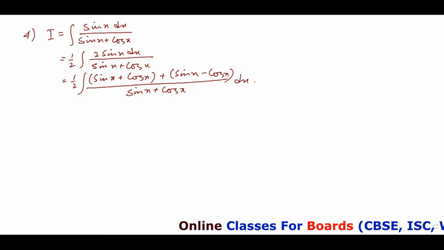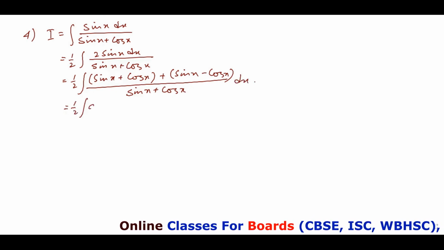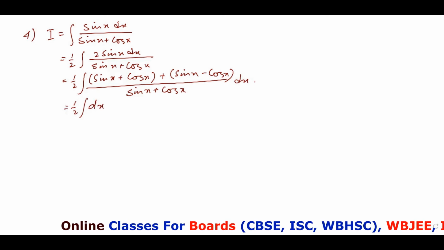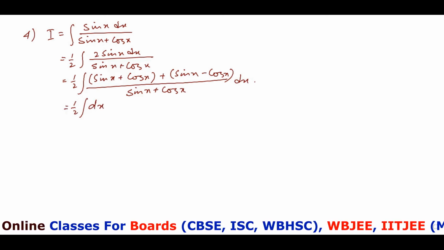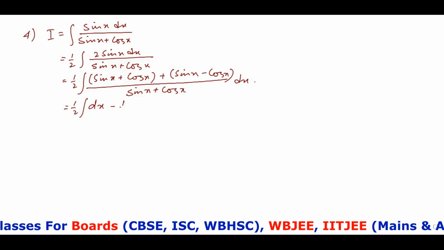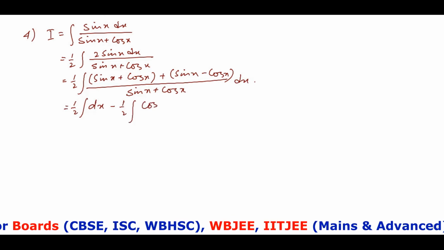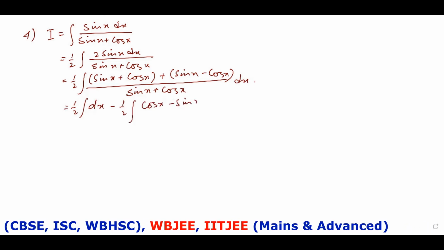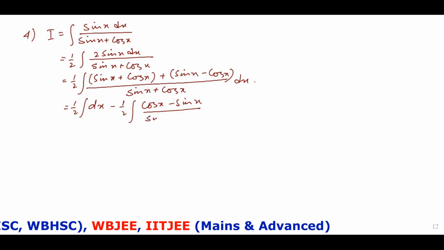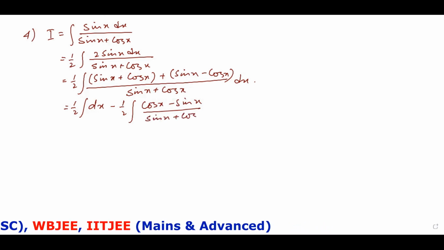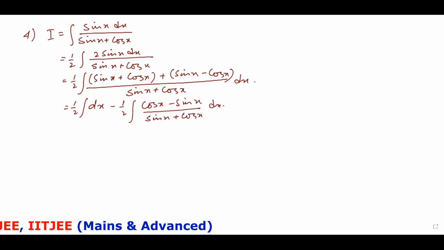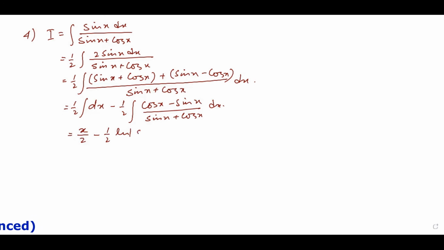Now you simply separate. So we are going to get the same way just now what we have done in the previous sum. Now if I take a minus common, so it will be basically cos x minus sin x divided by sin x plus cos x dx. Is it clear? So the first one will be x by 2 minus half, again ln mod sin x plus cos x.